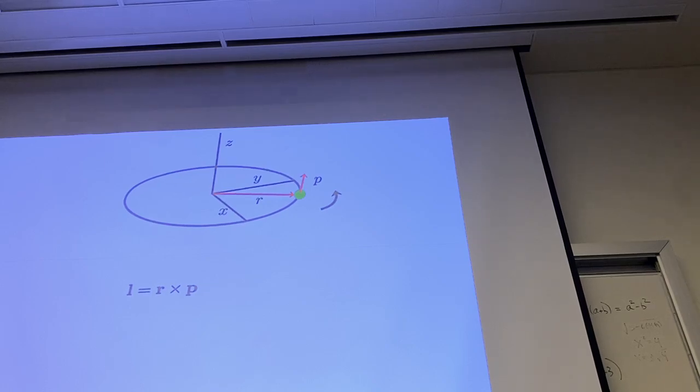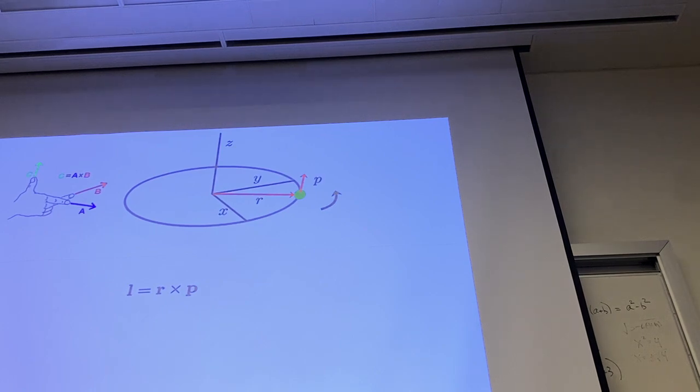You have r, that's a vector, this p, which is a vector, and therefore the angular momentum is also a vector. It points into a certain direction. It has a quantity, a value, and it has a direction to it. And the direction of this L you can determine with your right-hand rule.